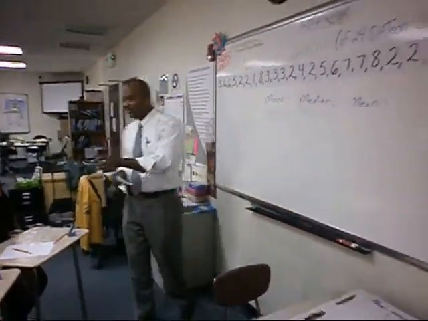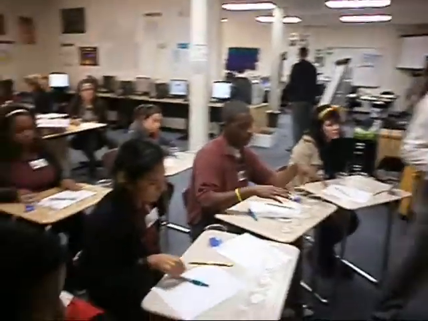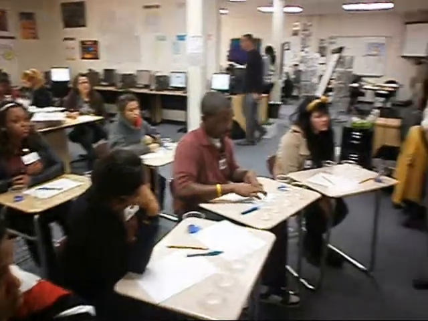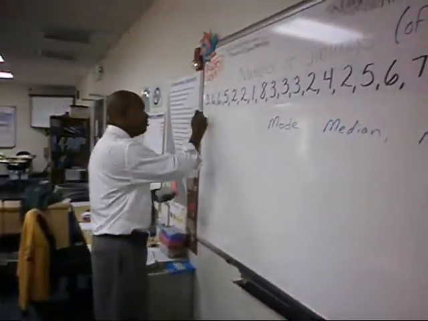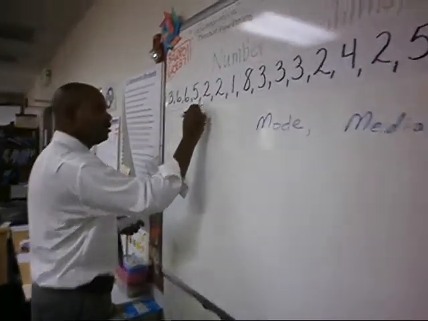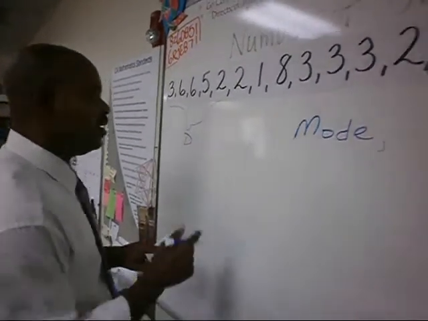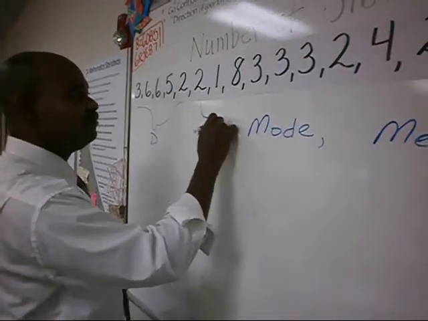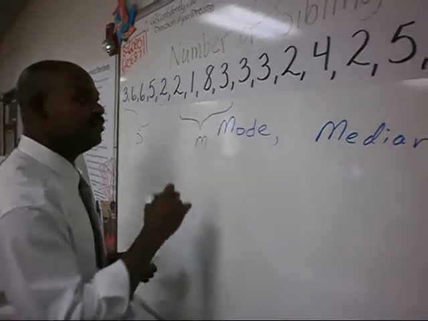Since we have 6 students, each one of you is going to get a set of data which represents about 4 numbers. First 4 I'm going to assign to Narelle. The next 4 is going to be assigned to Marilyn.